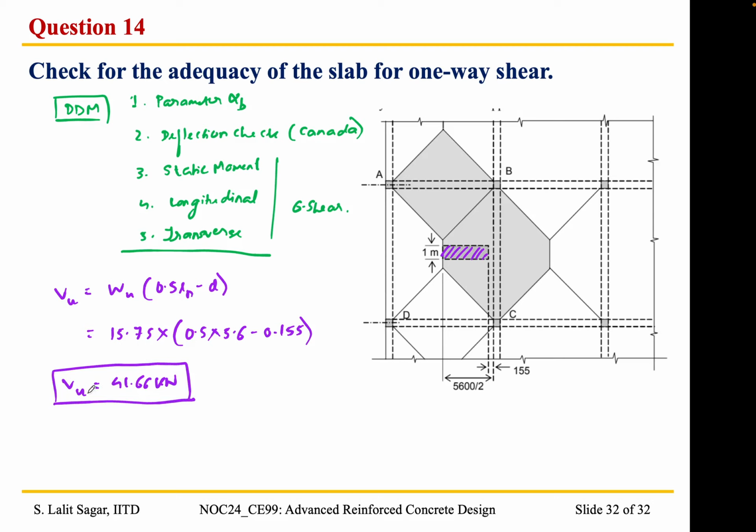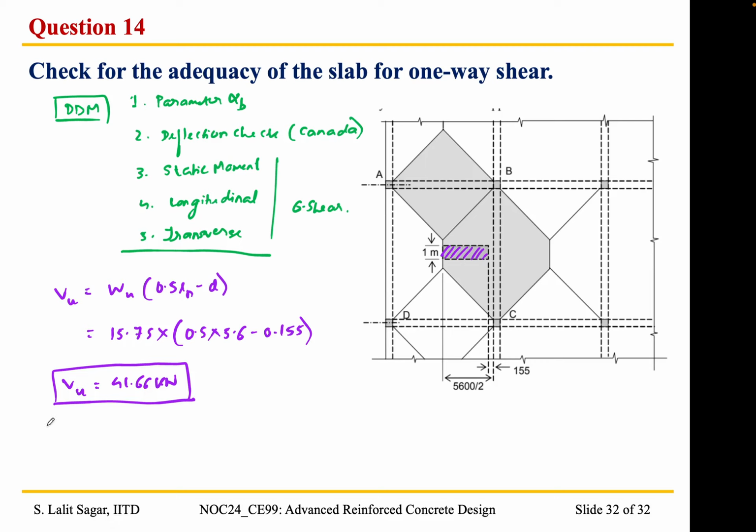Now we need to determine the shear stress. We will determine the shear stress and then we will check what is the available shear resistance. When the resistance is greater than the actual shear stress, then we know that the slab is safe against shear.